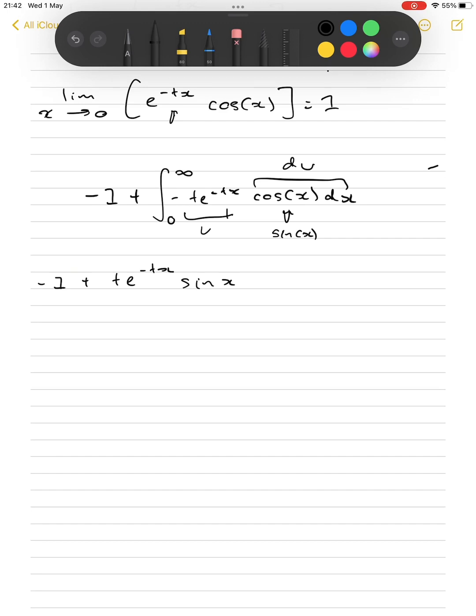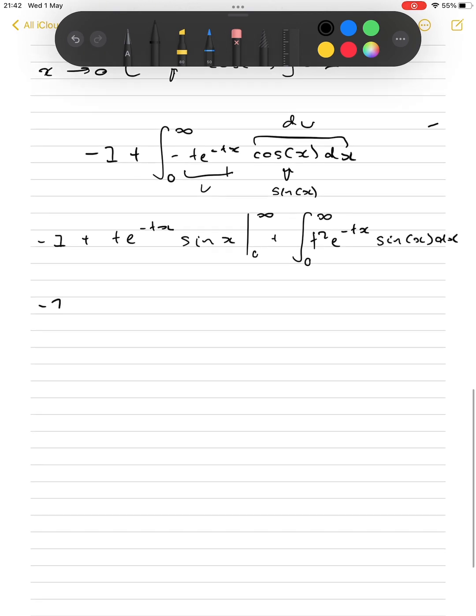Again, we have to evaluate that from 0 to infinity, and we add it to the integral from 0 to infinity of t squared, negative cancels out, e to the minus tx sine x dx. Cool.